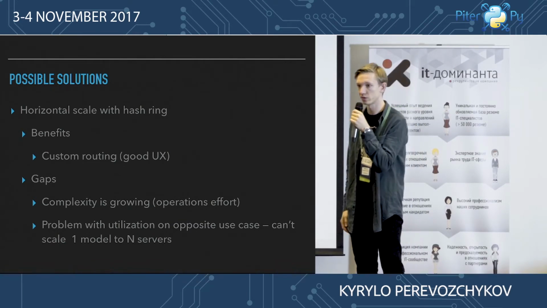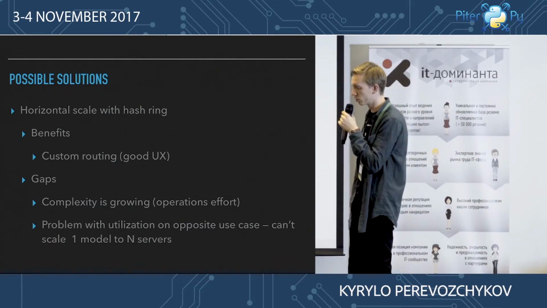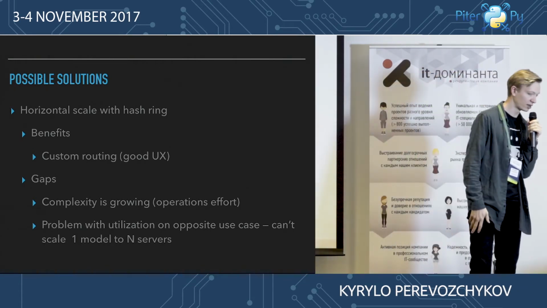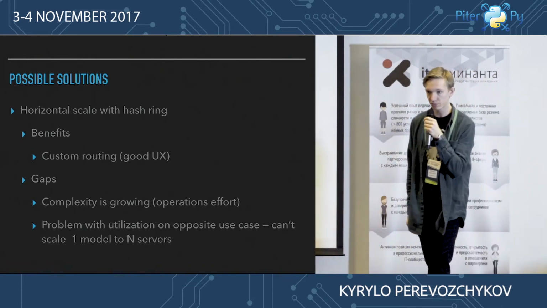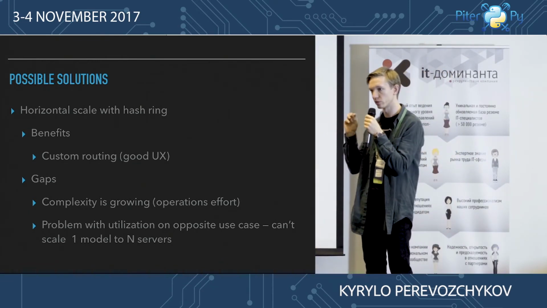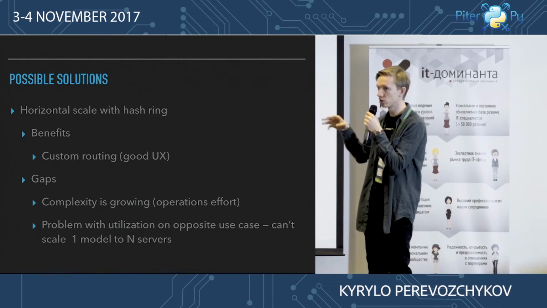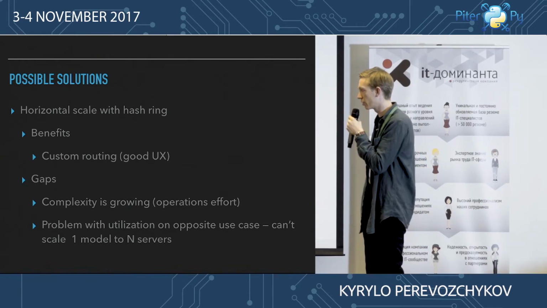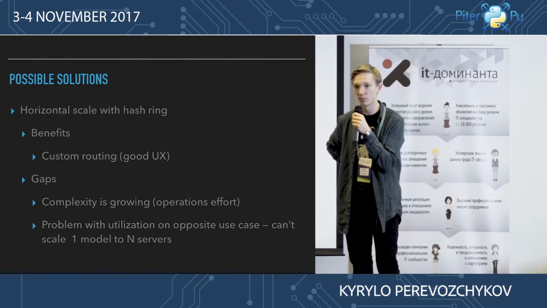The gaps are increasing. Complexity is growing, and then we have a problem with the utilization of the cluster. For example, if you make up your mind that the prediction API will be working like that, with hash link, and then a certain number of machines with different models, and the customer tells you that's not what I need.